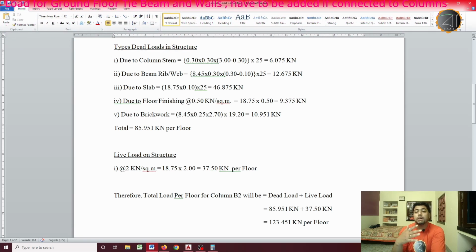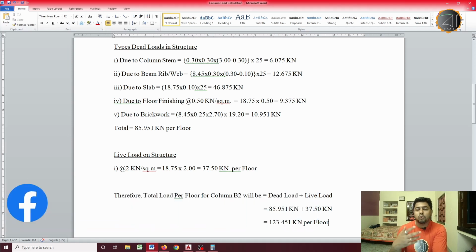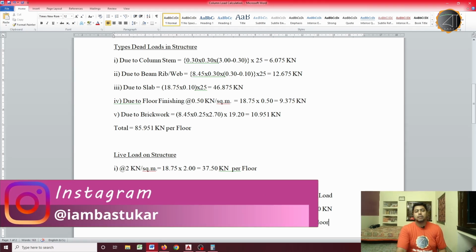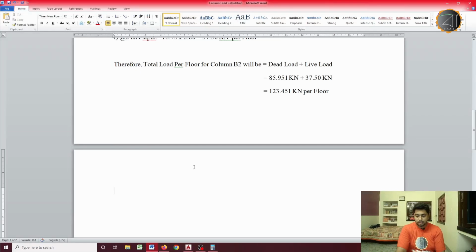So, it will be having a much more area, and there will be steps, there will be waist slab of greater thickness, the live load will be also much more heavier. But in general, the calculating procedure is like this.